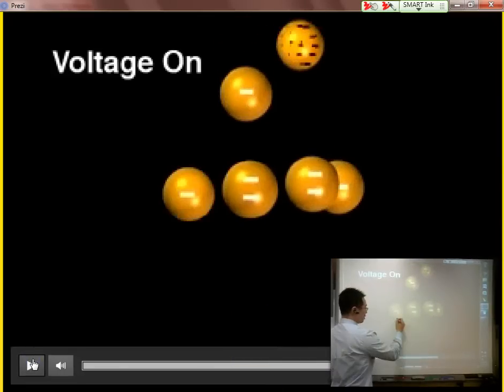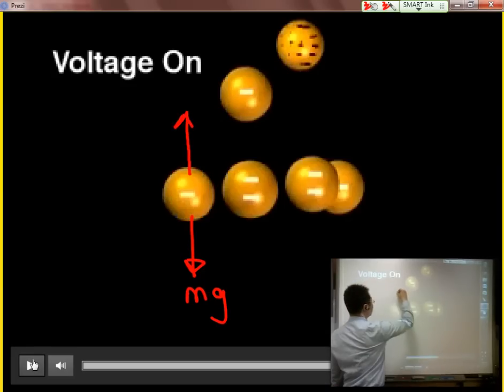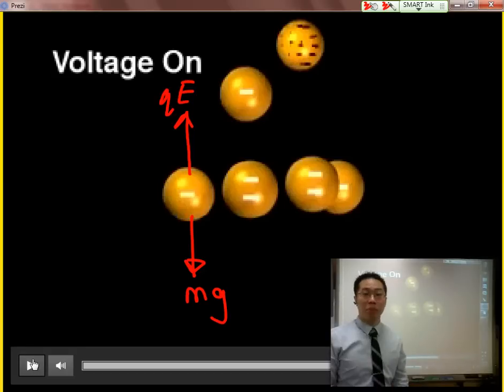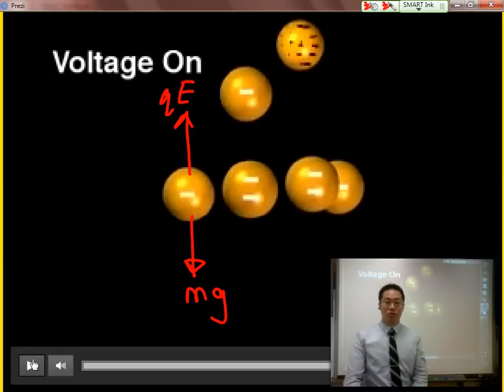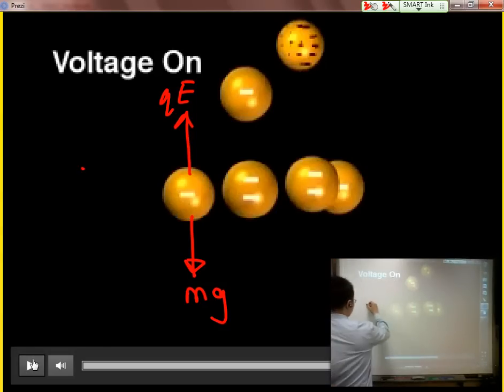And basically now in this diagram here, we understand that there's weight pulling down on the oil droplet, and there's QE pulling up on the oil droplet. And when he fine-tuned the electric field to a certain strength, he noticed that he could get these to perfectly balance.